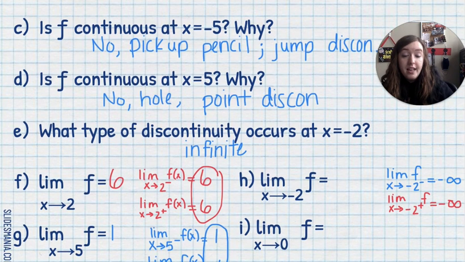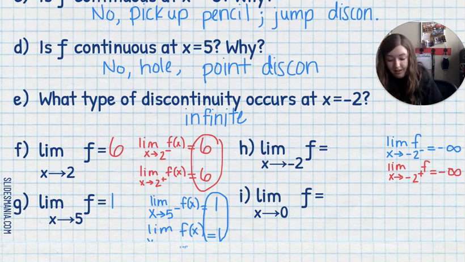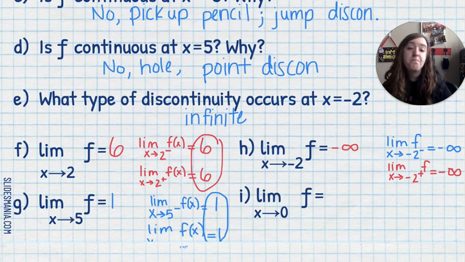Now, some camps will say, hey, your left-handed and right-handed limits match. That means that the limit is going to be -infinity. Others say they can't be approaching the same value because negative infinity isn't actually a number. It's just an idea.